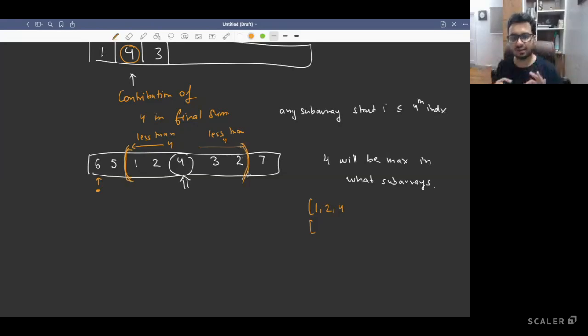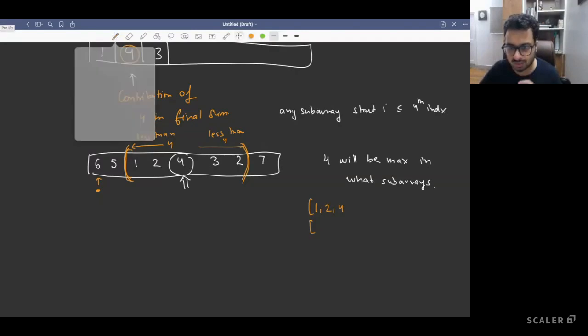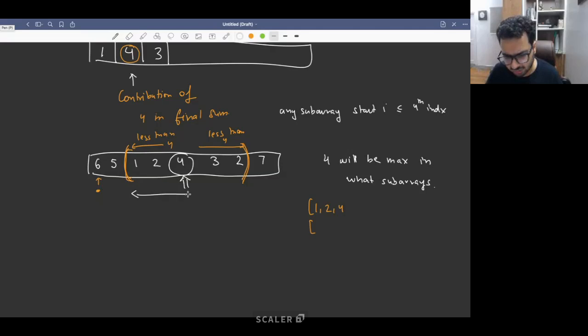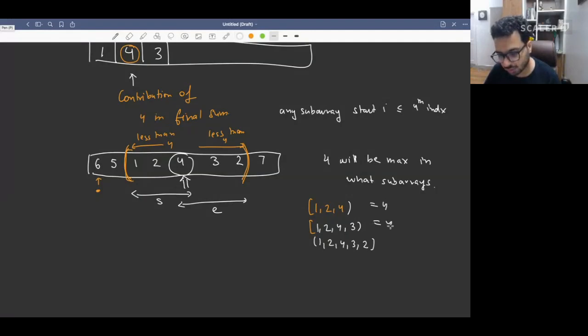How many subarrays can I form in this window which include 4? That means if I want to build a subarray, the starting point of the subarray can lie in this range. The ending point of the subarray should lie in this range. Tell me, does this make sense? For example, if start is 1, I end up at 4, or I end up at 3, or I end up at 2. All these subarrays will give me 4, right?